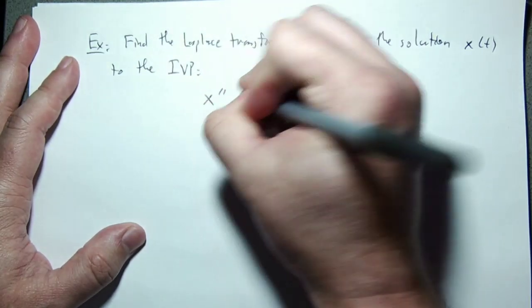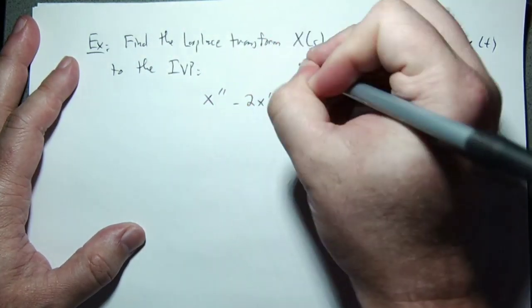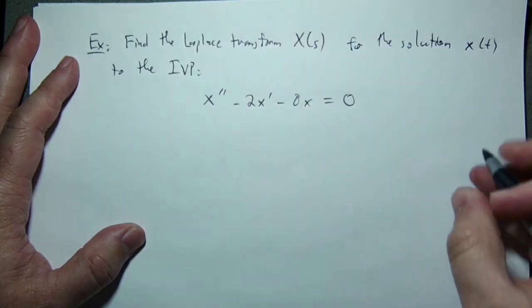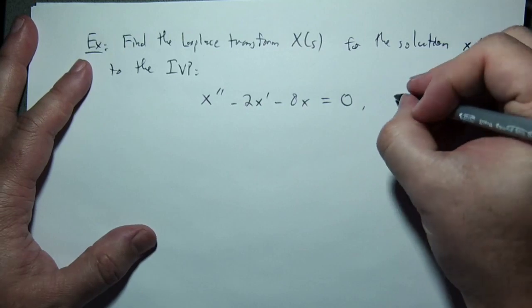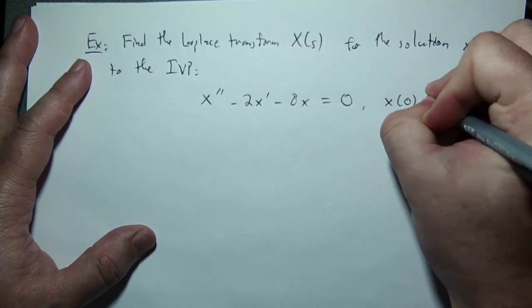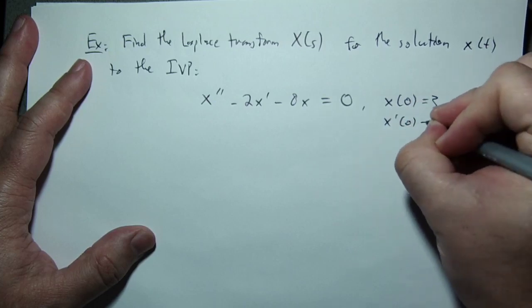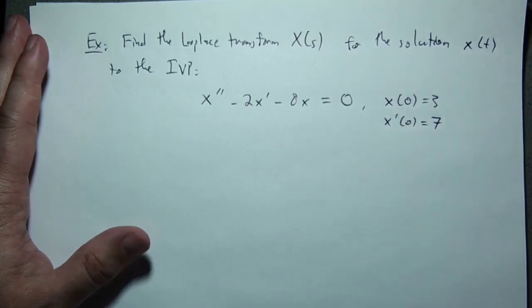X double prime minus 2x prime minus 8x is equal to 0, with initial conditions x of 0 equal to 3 and x prime of 0 equal to 7.